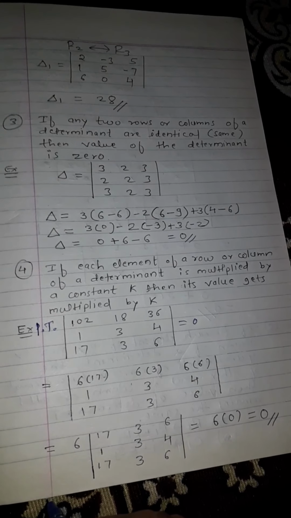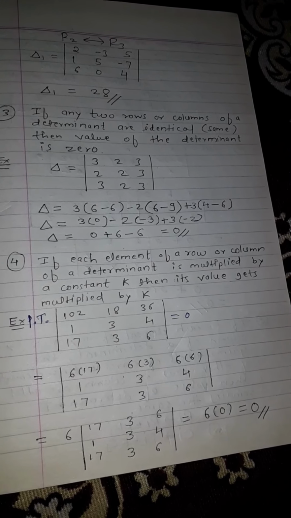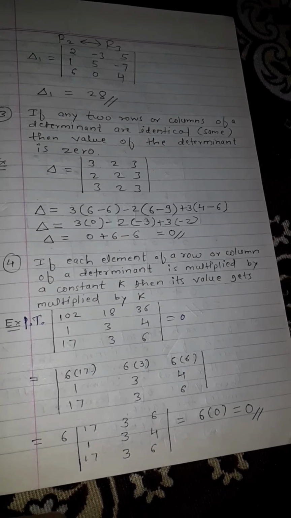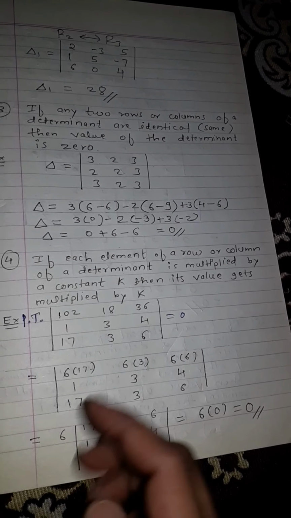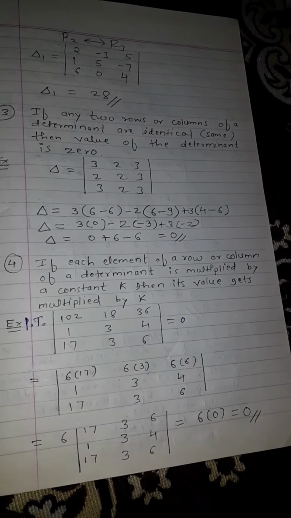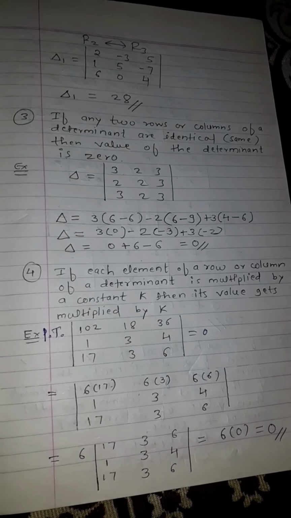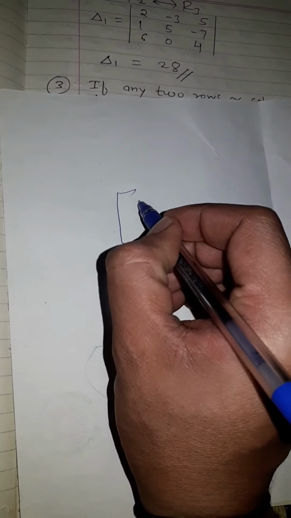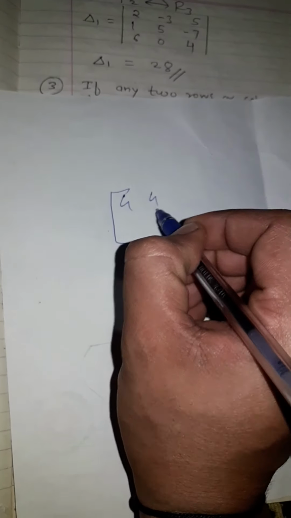See, in a matrix, when you want to take a common element, it will be throughout the matrix. For example, I think you can just see here, suppose we have this matrix like 4, 4, 8, 16.